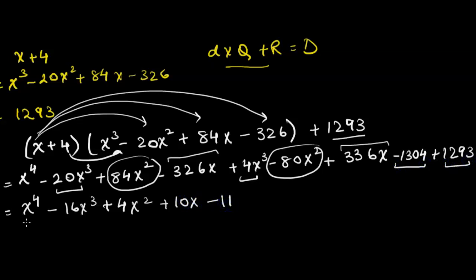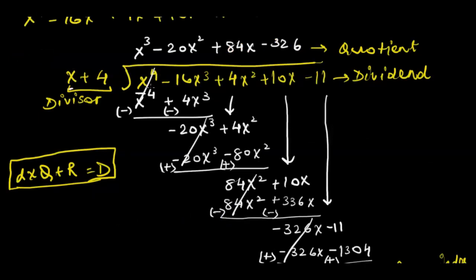So finally we have x to the power 4 minus 16x cubed plus 4x squared plus 10x minus 11, and that is the same value as we had in the dividend. So that means the division that we have done is correct.